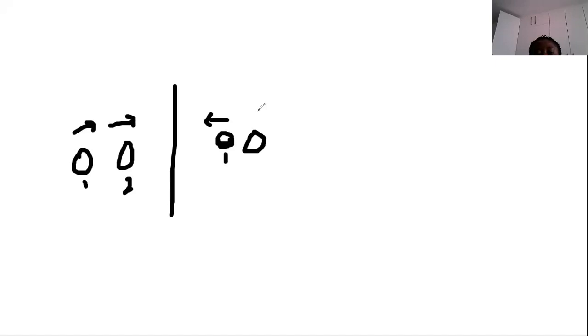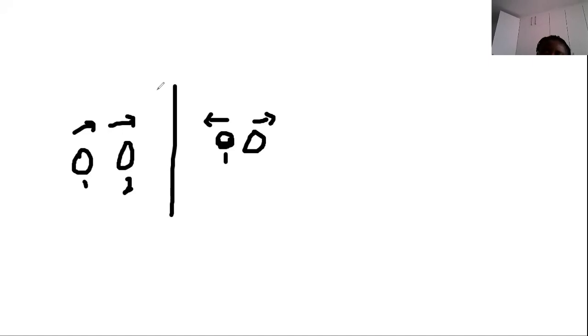When they bump each other, the collision, they interact with one another, then car number 1 changes direction, while car number 2 continues in the same direction.